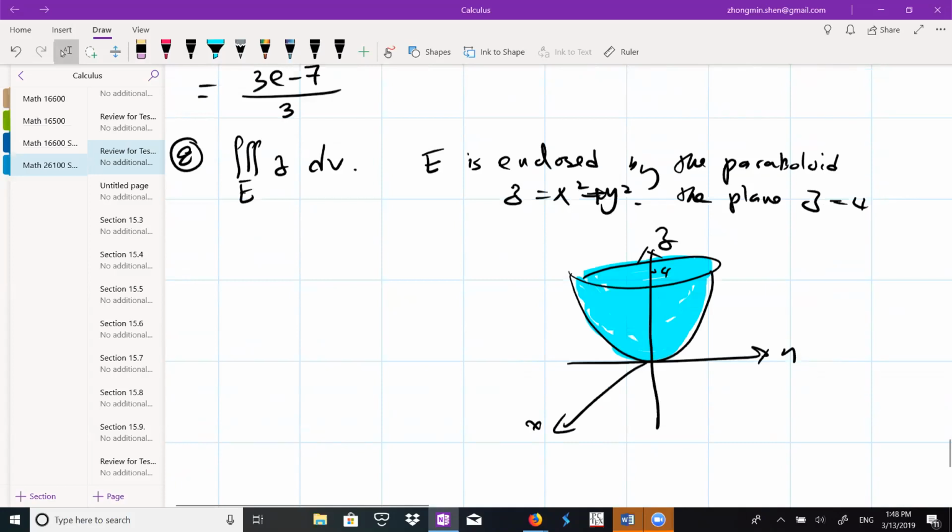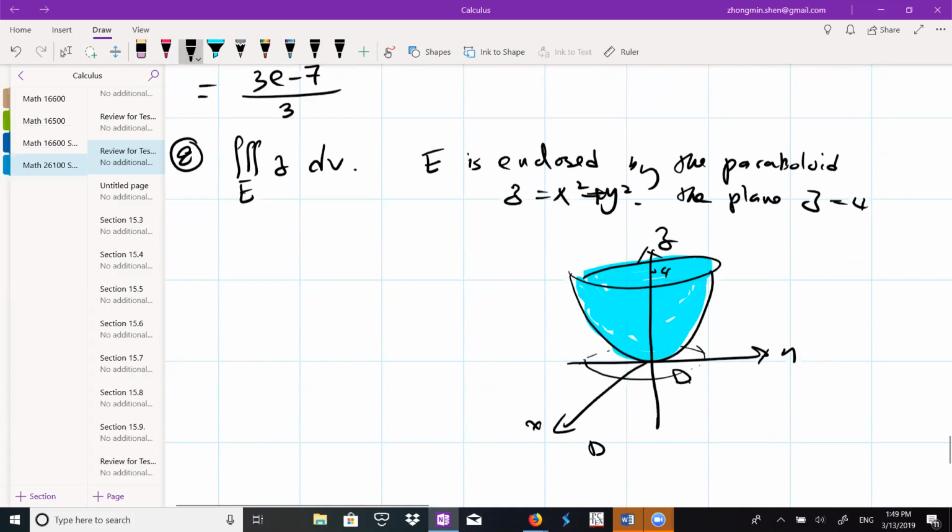Now let's use the iterated integral. Essentially, it's cylindrical coordinates. So this is a projection onto D, right? D, where x squared plus y squared is going to be 4.